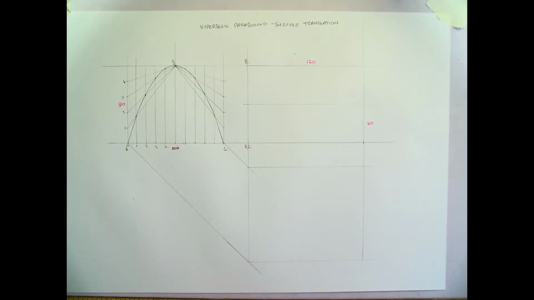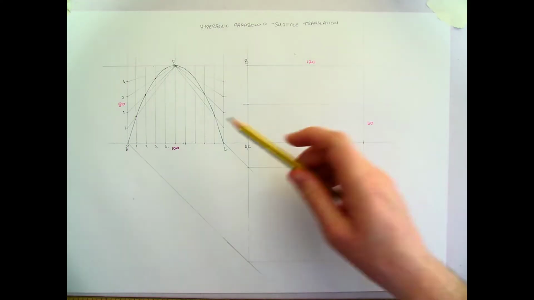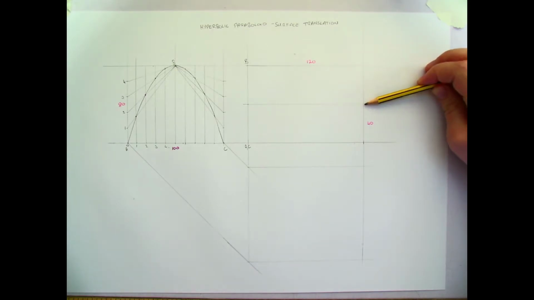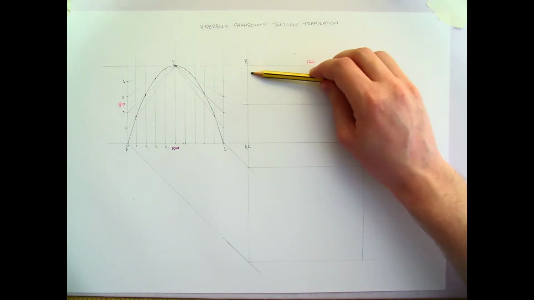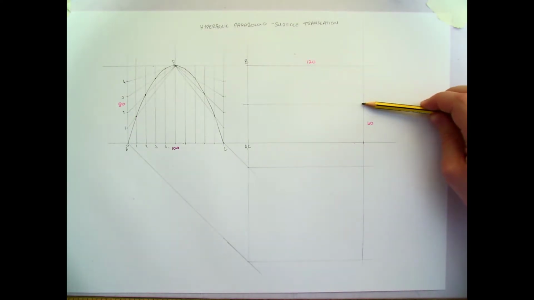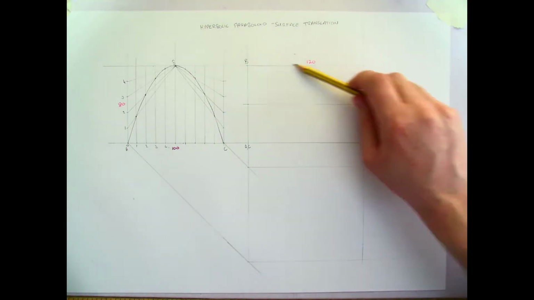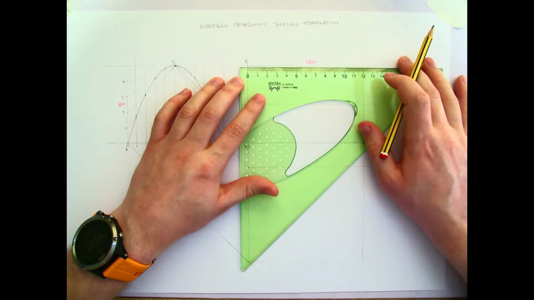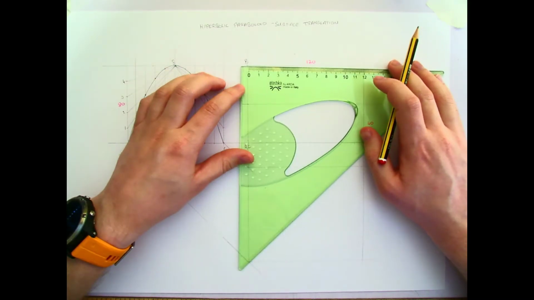So what I'm going to do next is set up the second parabola that we need to work with, and that's one going from B down to this point down here, with this point down here being our vertex. So our parabola is going to be inverted this time, so it's going to be coming down along this way. So I'm going to divide this section here up into a number of equal parts, and this 40 up as well.